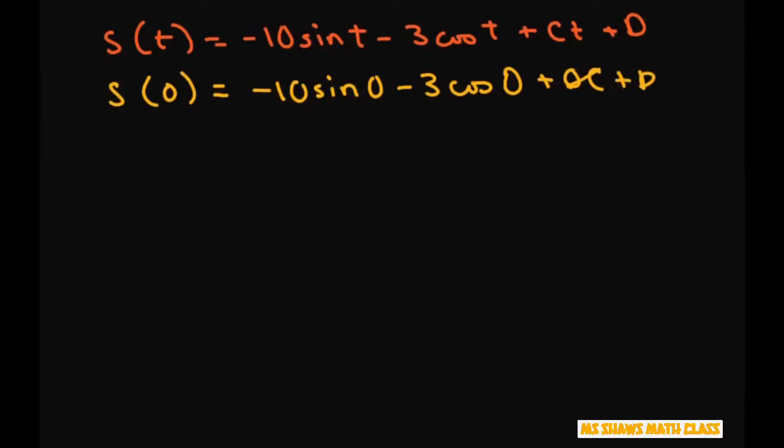Sine of 0 is 0 and cosine of 0 is 1, so s of 0 is just negative 3 plus d.